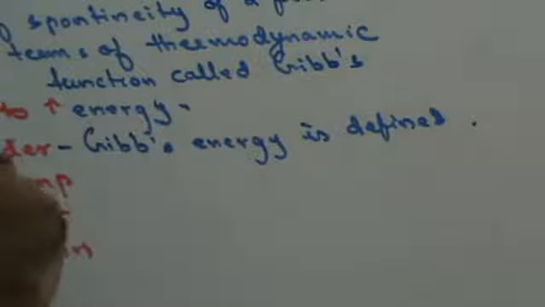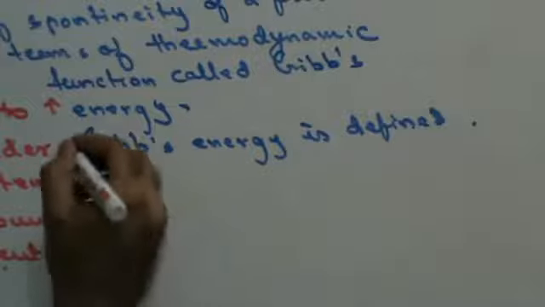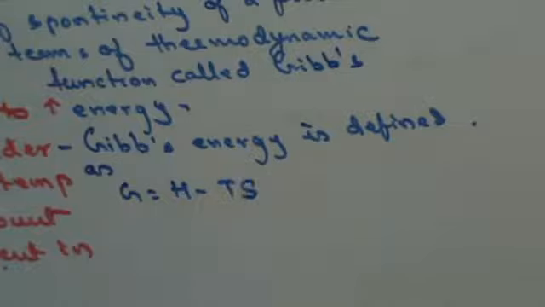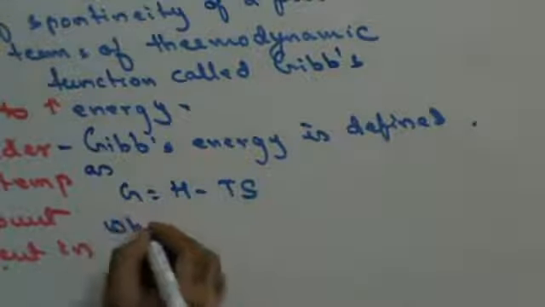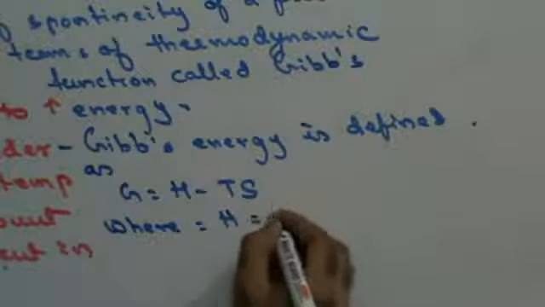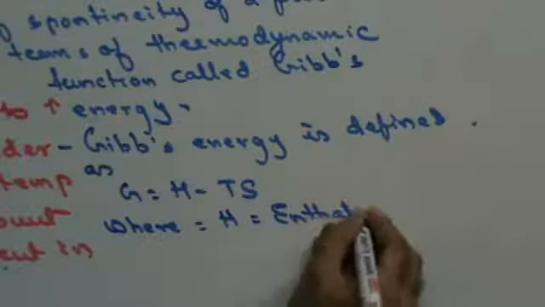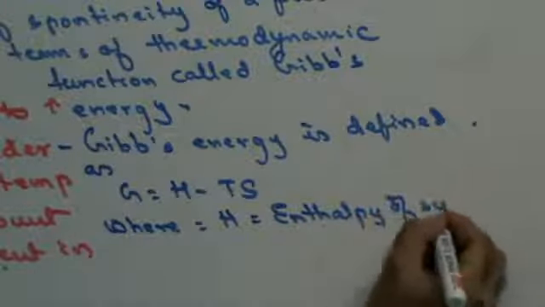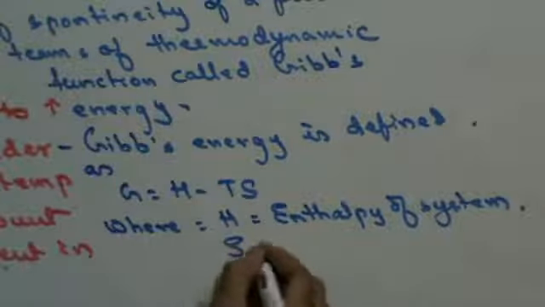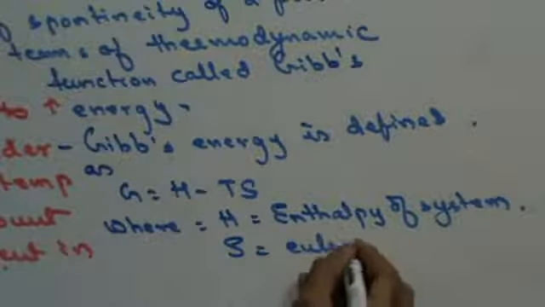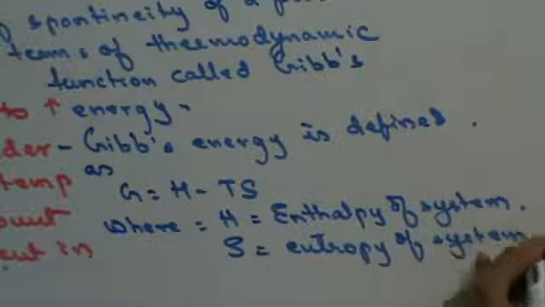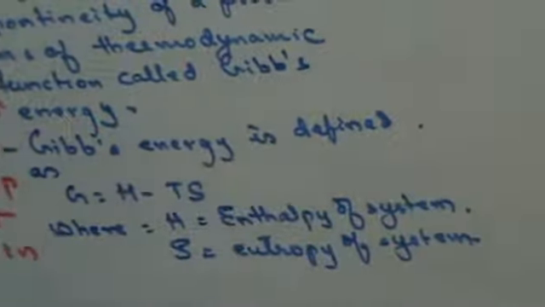Gibbs energy is defined as G is equal to H minus TS, where H is the enthalpy of the system, that is the total amount of heat energy at constant pressure, and S is the entropy of the system. What does T stand for? Temperature, right?